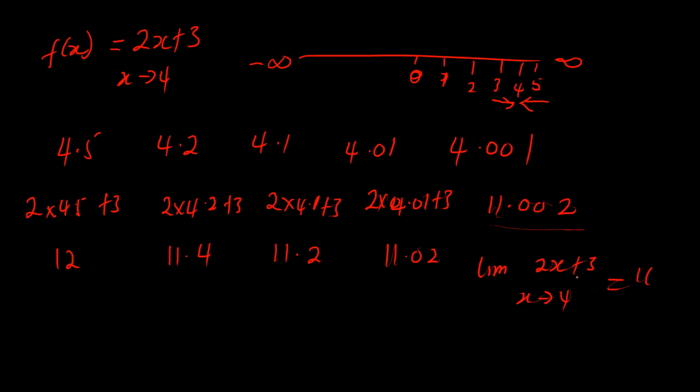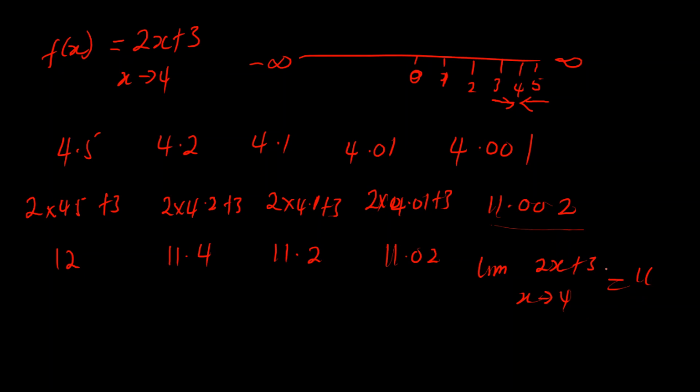Now, if the limit exists, then the left hand side limit will be the same as the right hand side limit. So if you are to pick numbers that are getting closer to 4 from the left hand side, that should also give us the value 11.